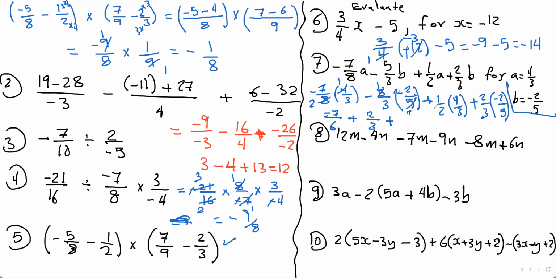Plus, here we could reduce: the 2 goes into itself once, it goes into 4 twice. So plus 2 over 3, because that's 1 times 2 is 2, and 1 times 3 is 3. And here we cannot reduce anywhere. So we have a plus here and a minus here that is going to make this minus.